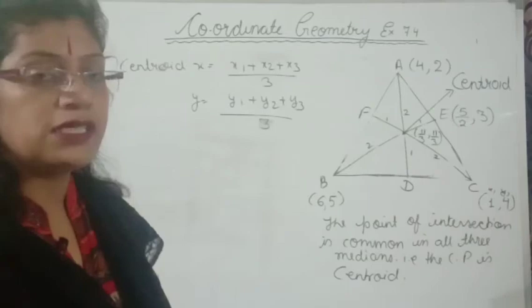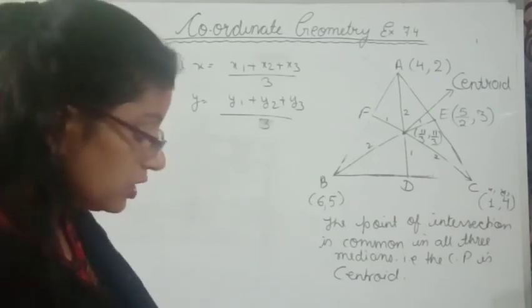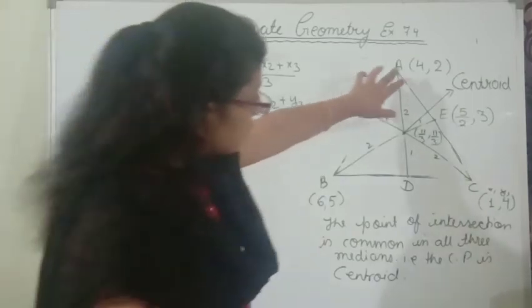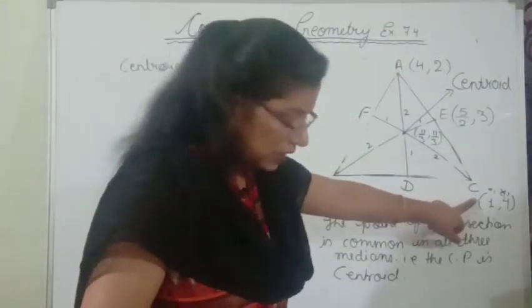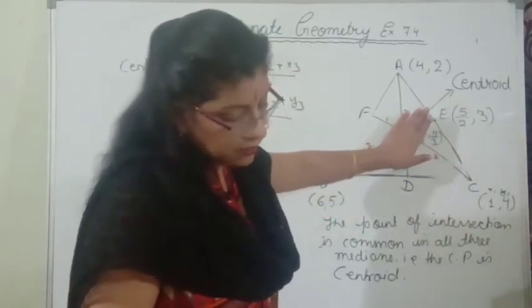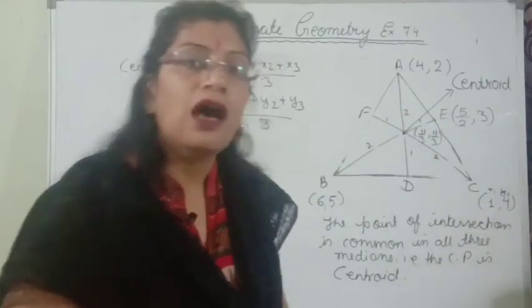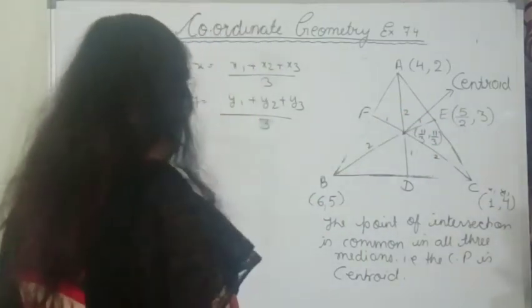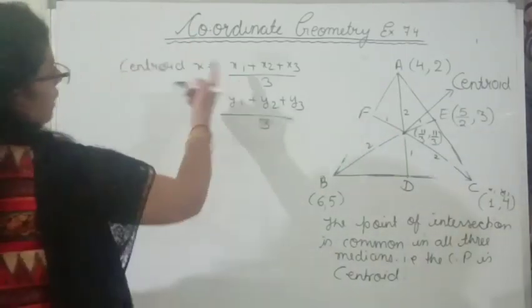Now the fifth part, the last part of this question: if A is x1 y1, B is x2 y2 and C is x3 y3 are the vertices of triangle ABC, find the coordinates of the centroid. तो triangle के centroid के coordinate निकालने हैं, ठीक है? So same way find the coordinates.